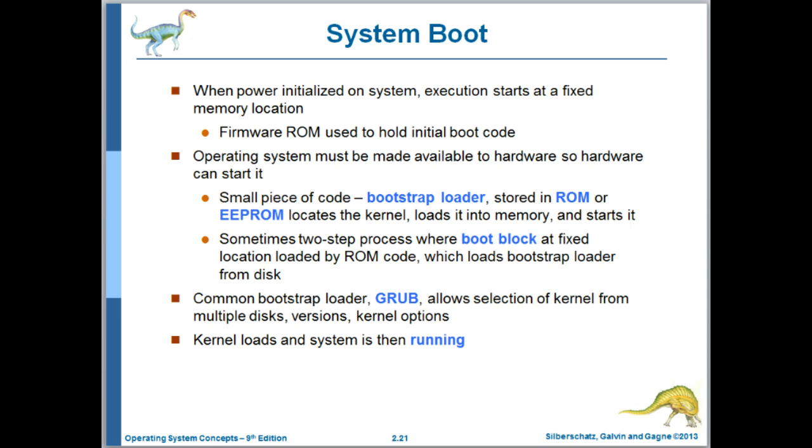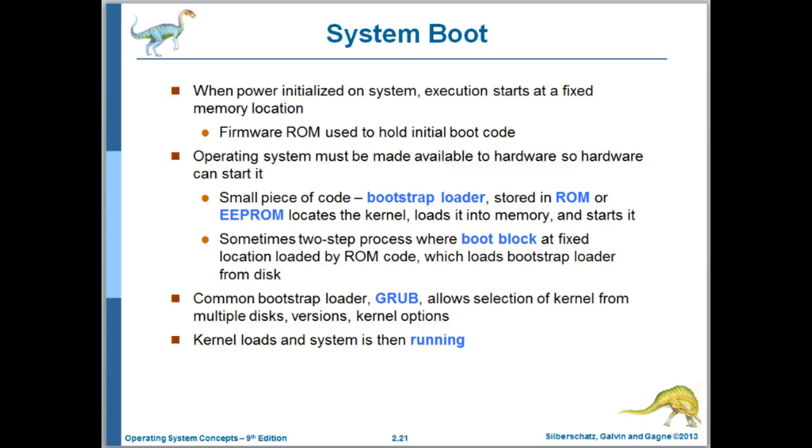Booting a system consists of a number of stages, starting with the execution of BIOS code, which will read the boot disk's master boot record for the next stage boot.